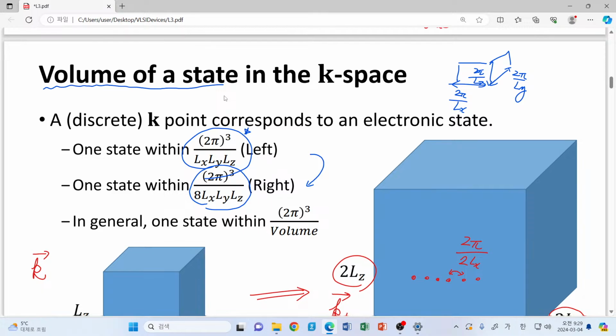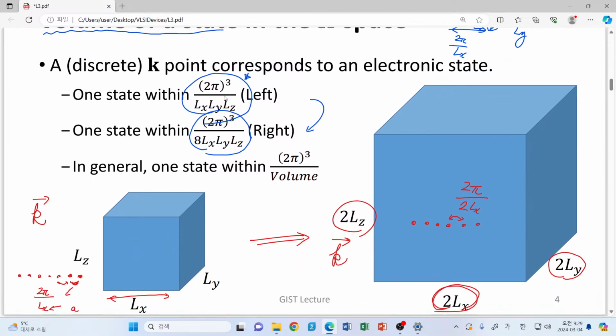So simply speaking, this is a typical difficulty when a student tries to understand the step from discrete K points to the continuous K space. That's the reason why I'm emphasizing this concept.